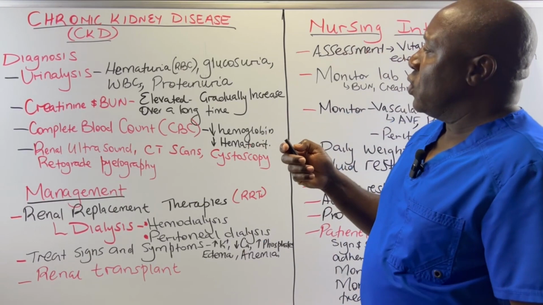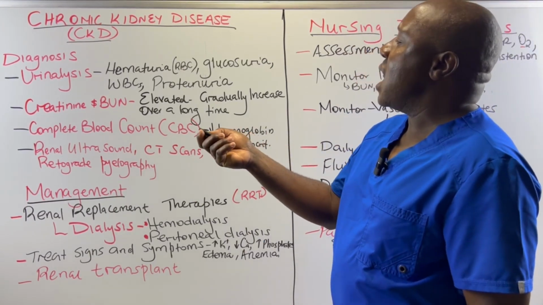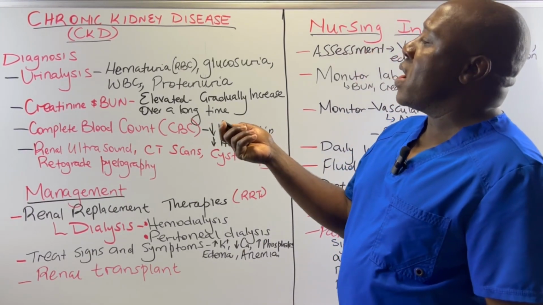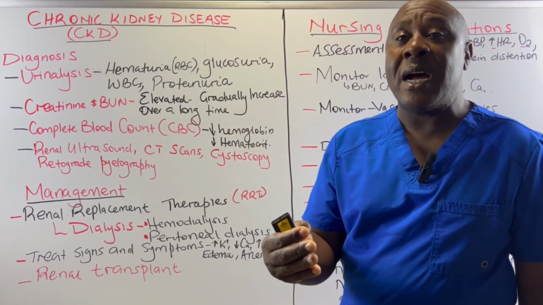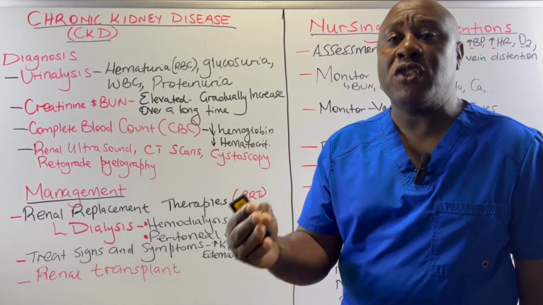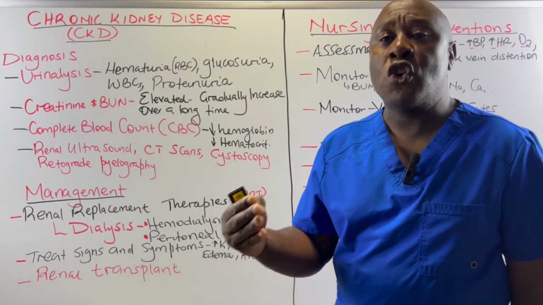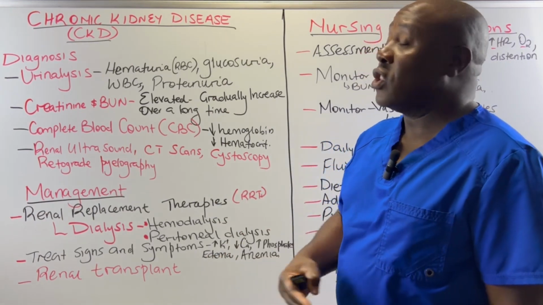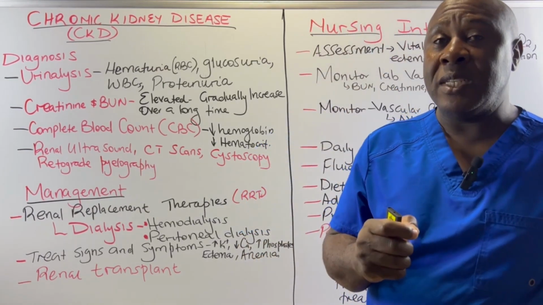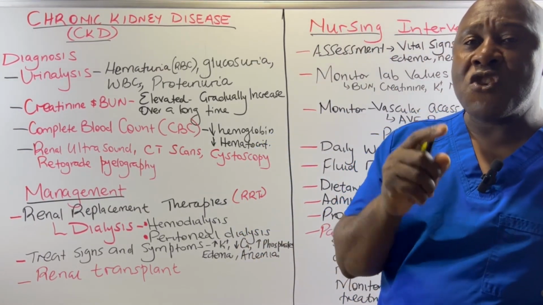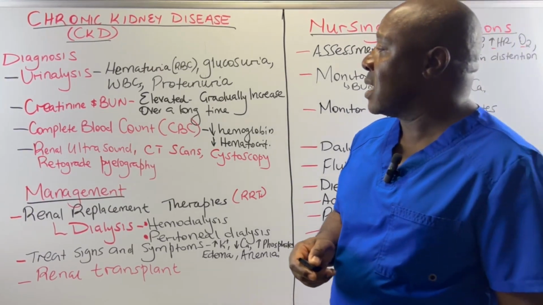So if there are proteins or red blood cells in this urine sample, that's a pointer to the damage to the renal system, and this points to chronic kidney disease. So the presence of red blood cells and proteins in the urine is a great indicator of CKD.